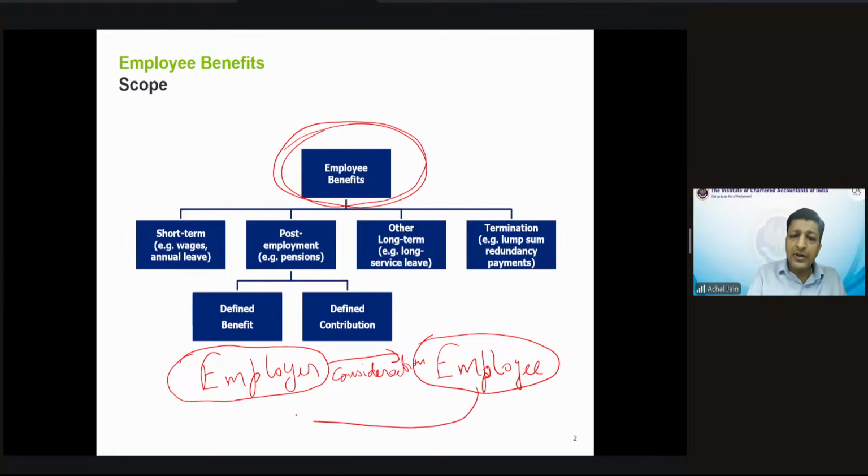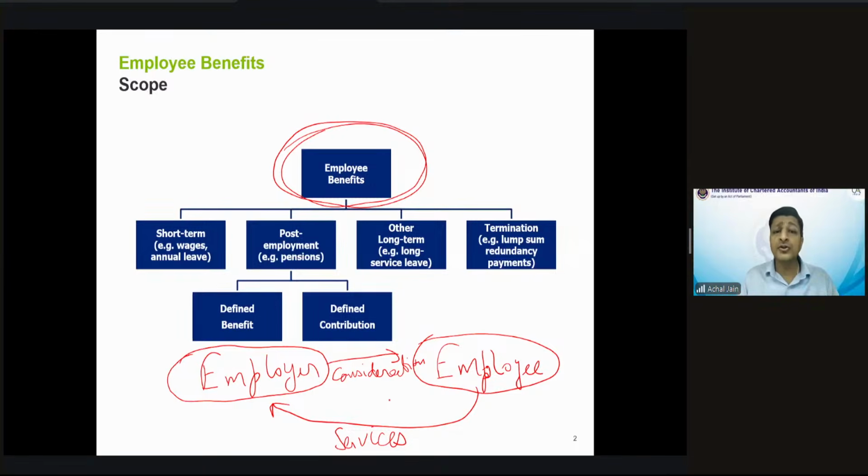And the employee is rendering services to the employer. In return for the services rendered by the employee, the employer is paying some amount to the employee.